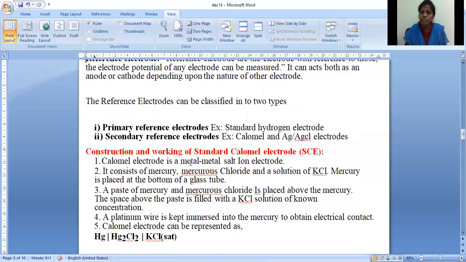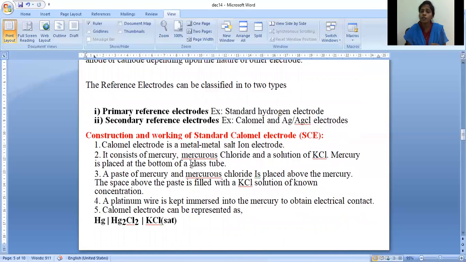So now let us see the construction of the standard calomel electrode. How to construct the standard calomel electrode? The calomel electrode is a metal salt ion electrode. That means it contains metal and also metal ion.